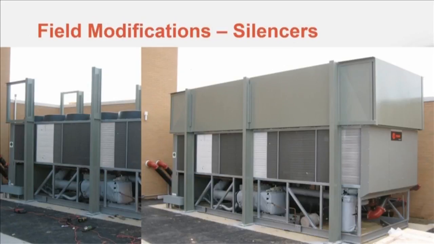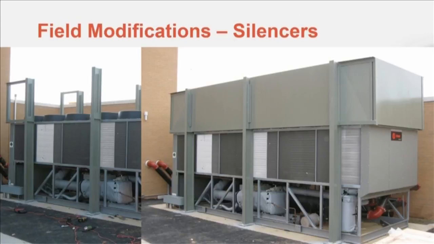Remember that existing equipment may not be designed to support the weight or wind load of added attenuation. Also, realize that sound radiates up and down from the condenser fans. It will exit through the coils and out of the open area underneath the coils. The silencers will only attenuate sound going upward.